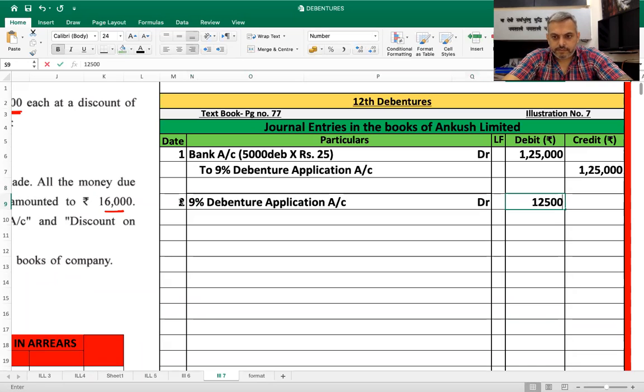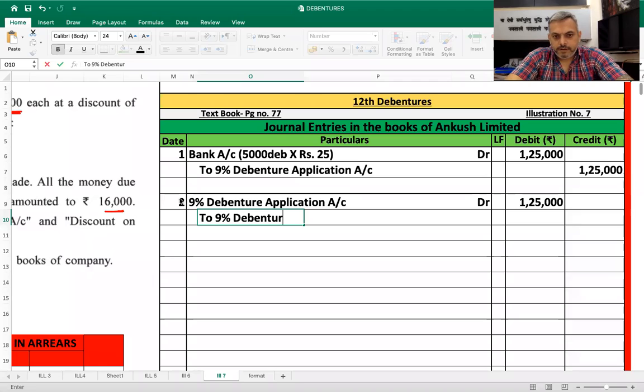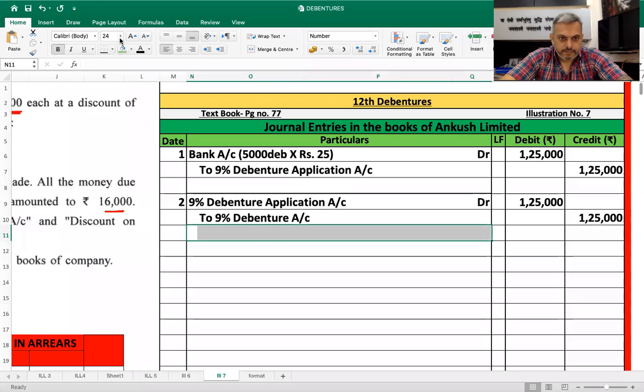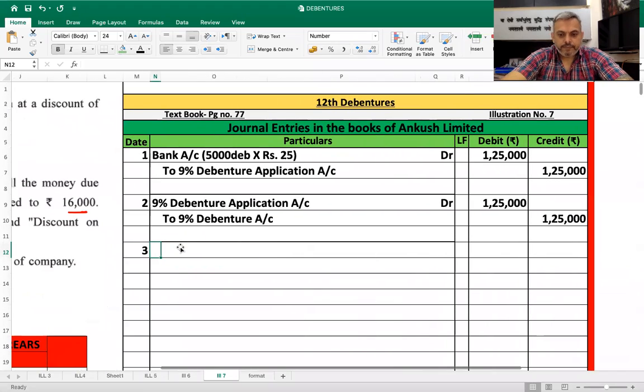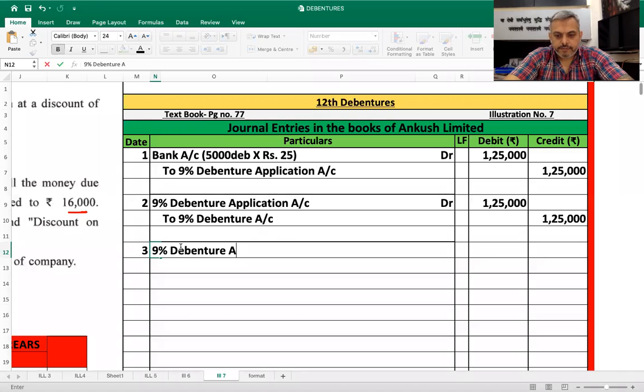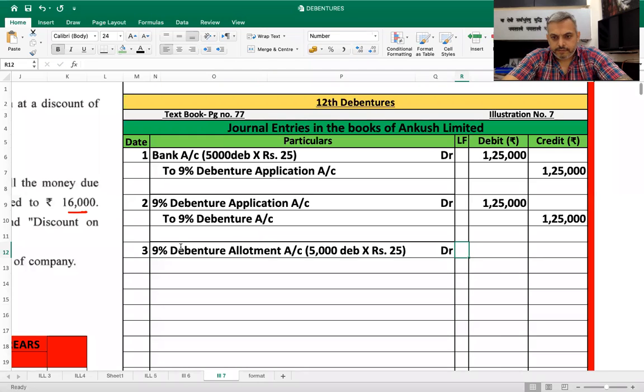Application account debit to 9% debenture account, directly 1,25,000. Third, 9% debenture allotment account, 5,000 debentures into rupees 25 is what we are calling, 1,25,000.